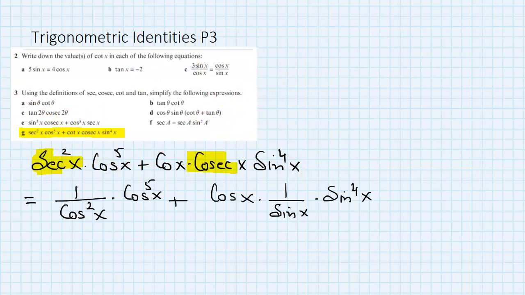So what I'm having is cos square and cos 5x, so I will be having cos to the power 5 minus 2, 3x, plus this is cos x, it will remain as it is, cos x, sin 4x over sin x, so it will be sin cube x. Is it going to make any sense?